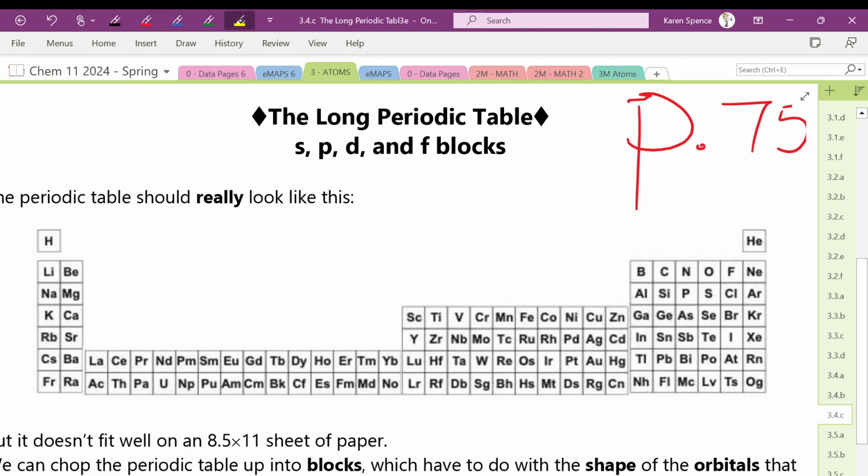The part of the periodic table we're used to seeing is groups 1 and 2, and groups 13 to 18, which are called the what? Groups 1 and 2 and 13 to 18 are called the what elements? The main group elements. That's part of the main periodic table we're used to seeing.